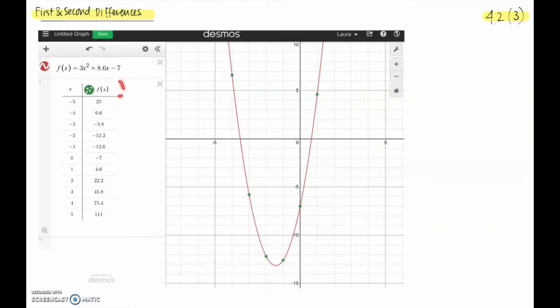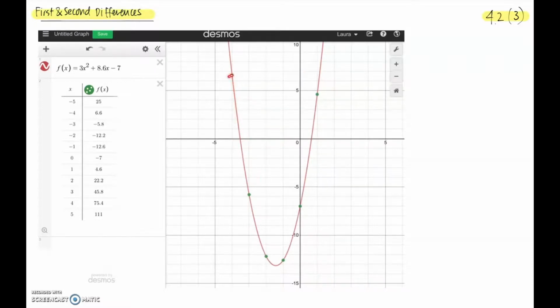Now for a minute I want to look at a table of values for this function. So this table here is a table of values for our function, and we can see that when we have -5 as an input, 25 is going to be an output. I guess we can't see it on the graph right here, but we can see this one. When -4 is an input, 6.6, which is right there, is an output.